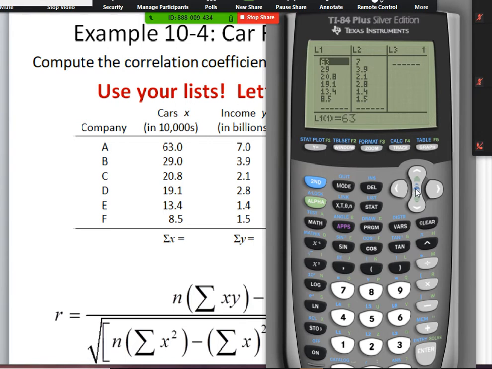So I'll go ahead and do that. 63, 29, 20.8, 19.1, 13.4. 7, 3.9, 2.1, 2.8, 1.4, 1.5.